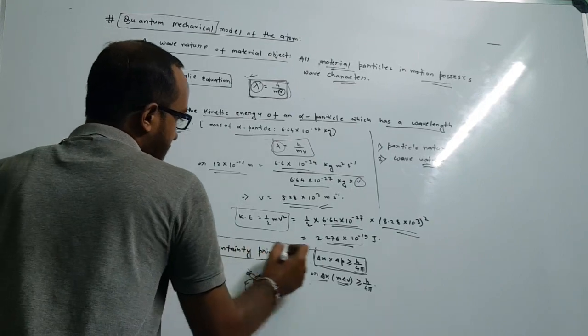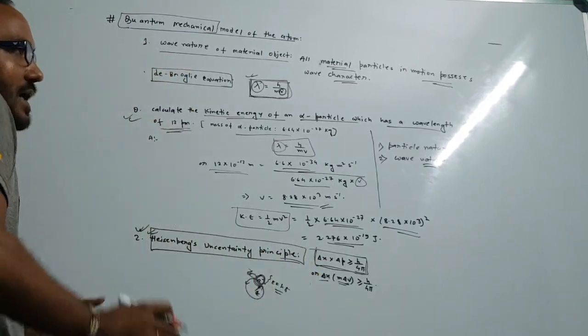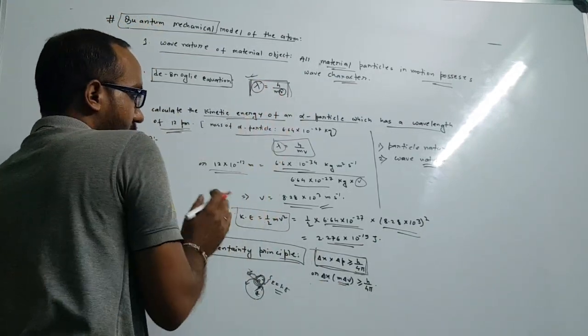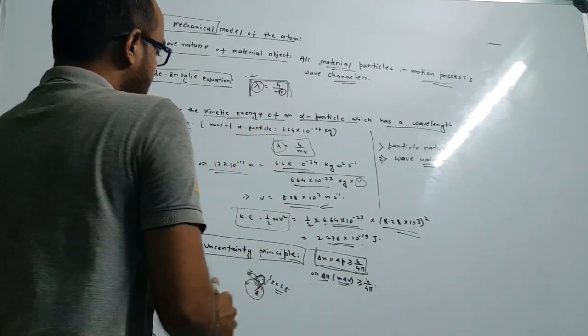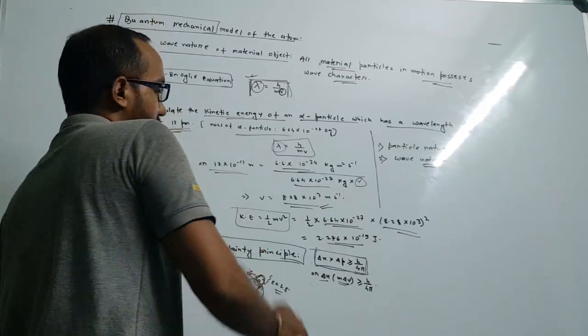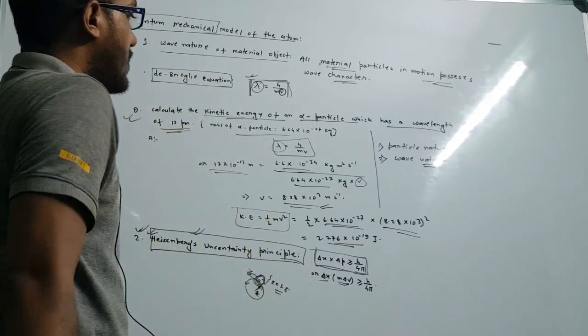So the Heisenberg uncertainty principle is immaterial for large objects. But when we consider small electrons or small particles, then the Heisenberg uncertainty principle is applicable, and it is very useful in the quantum mechanical model of atom.